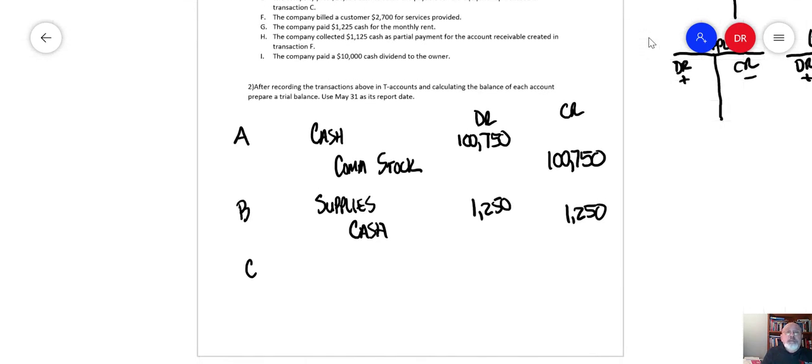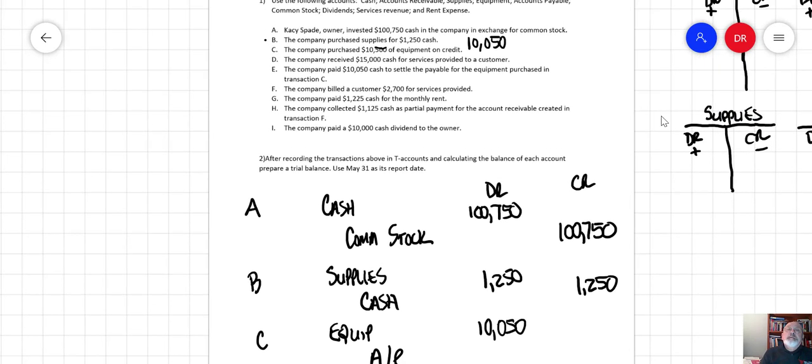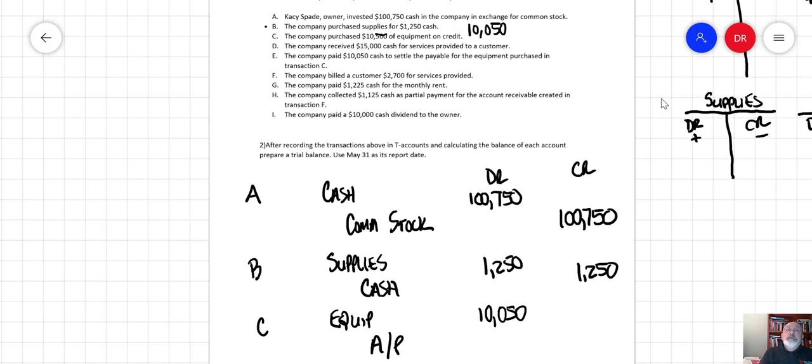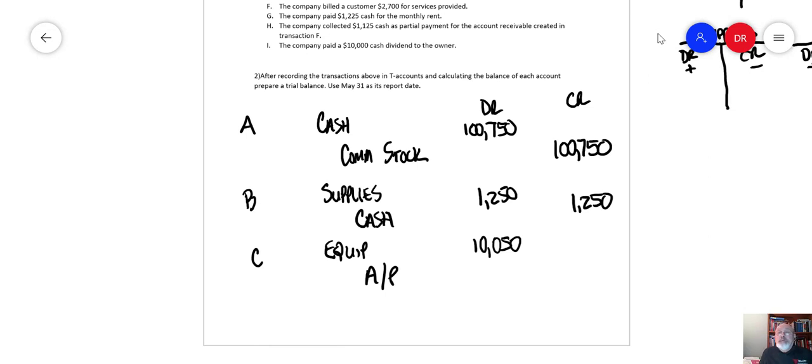So we're going to debit equipment for $10,050, and we're going to credit accounts payable because we're purchasing this on credit. So we bought it on credit, so the accounts payable is $10,050.